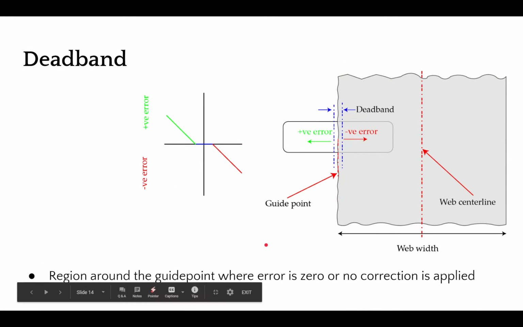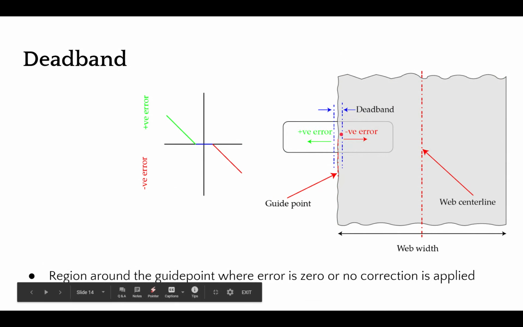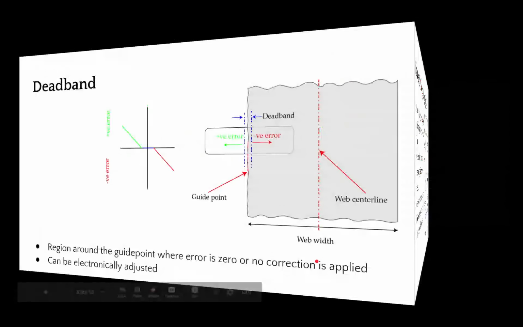The deadband is usually around the guide point, and it's usually maybe half a thousandth or, sorry, 5,000ths or 10,000ths. And you can also adjust the deadband electronically based on your application.